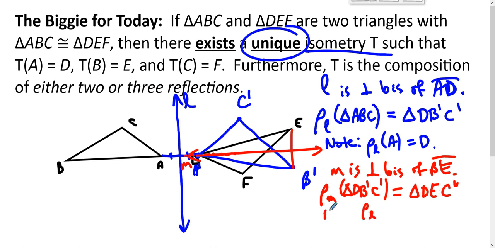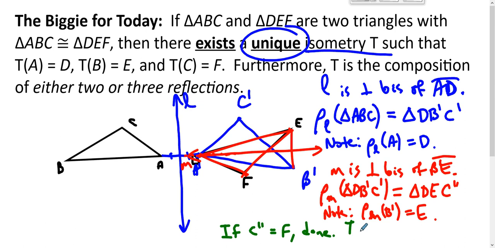We note that the reflection of B prime in line M is E. So B prime goes to E, A double prime is still D, and C double prime, well, maybe we're there. If C double prime is F, we're done.